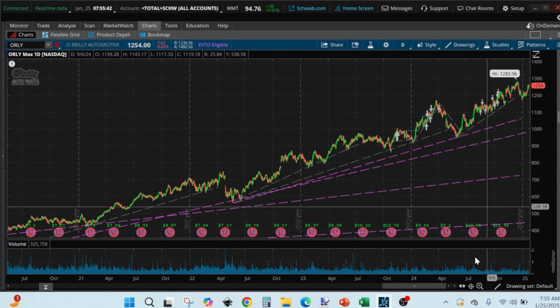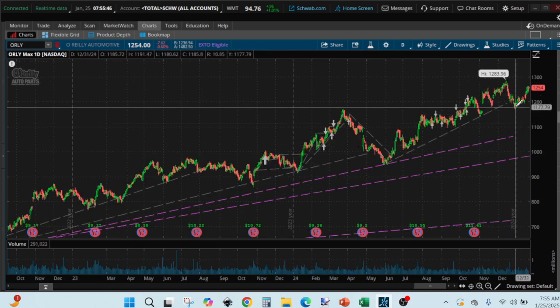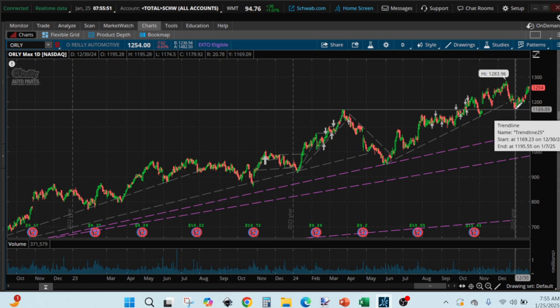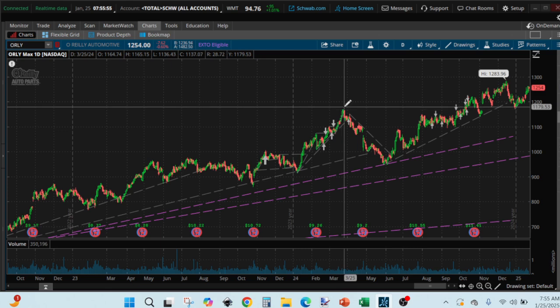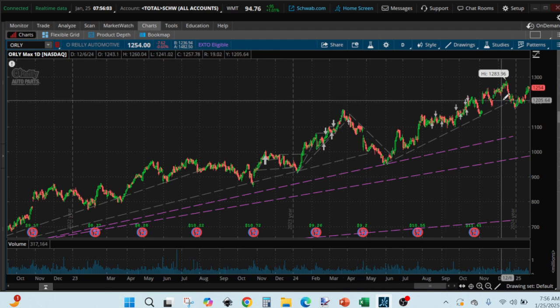Right now it is resting. It pulled back to this area, which is a resistance line of this mountain top here, rests there and starts going up.